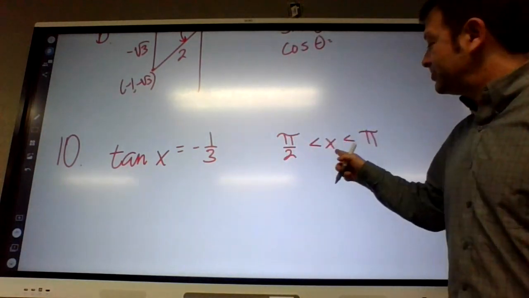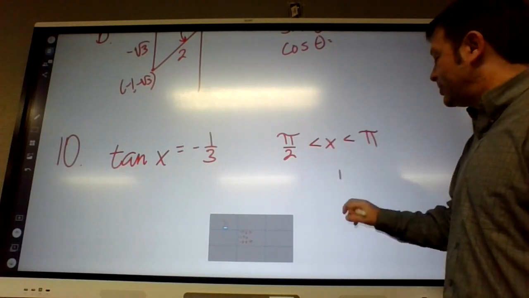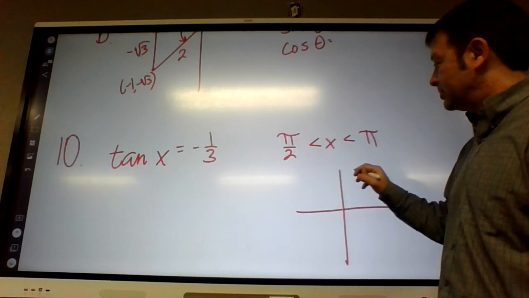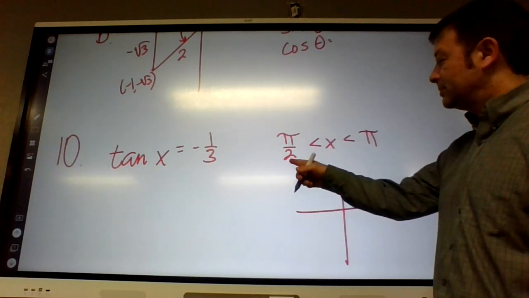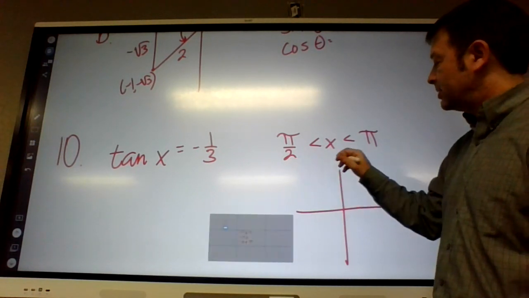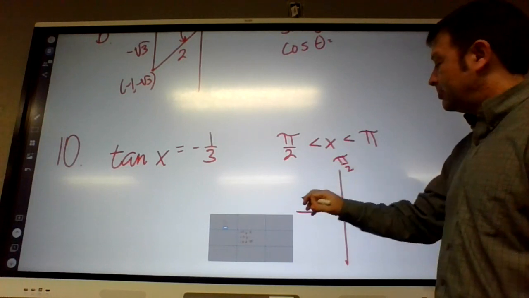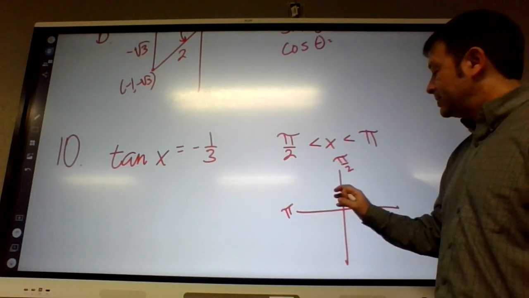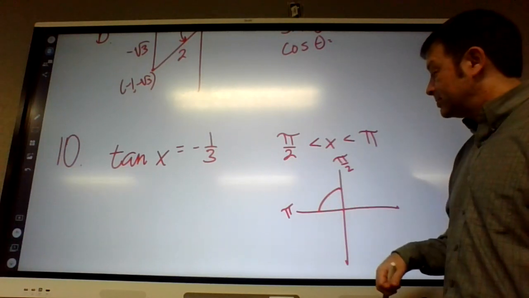So if x is between pi over 2 and pi, where's pi over 2 and pi on the unit circle here? Where's pi over 2? Yep, up top. And pi, remember, is over here at 180. So the x angle needs to be in the second quadrant somewhere.